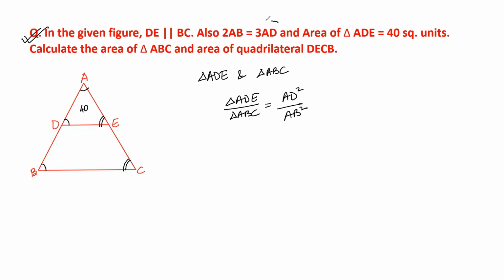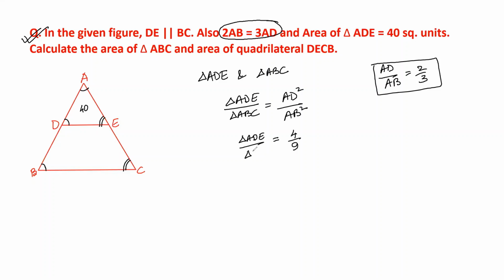And it has been given that twice of AB is equal to thrice of AD. So AD upon AB can be written as 2 by 3. So AD square upon AB square would be 4 upon 9. So the ratio of the area of triangle ADE upon triangle ABC would be 4 upon 9.